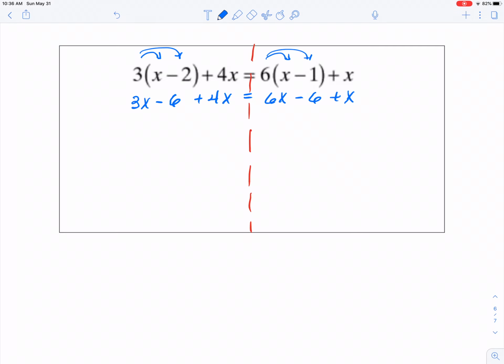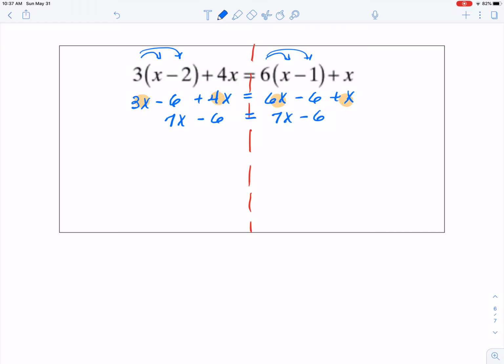Okay, now you're going to start looking around, and I'm noticing on the left-hand side I've got a couple of variable terms that could be combined. Same thing here on the right-hand side. So let me compress this equation a little bit by combining those like terms.